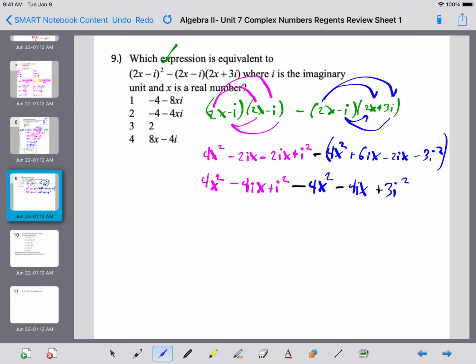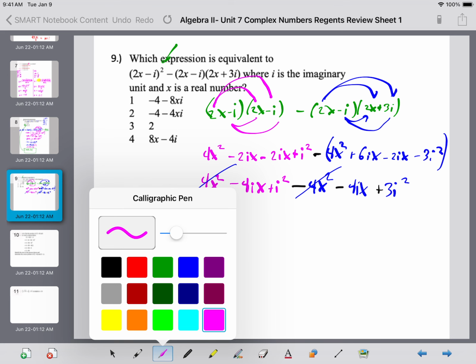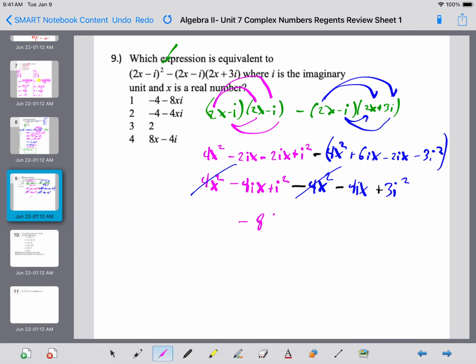Oh, and we could also combine like terms. So before we do that, let's combine like terms. 4x squared minus 4x squared cancels out. Negative 4ix minus 4ix would be negative 8ix. i squared plus 3i squared would be 4i squared.